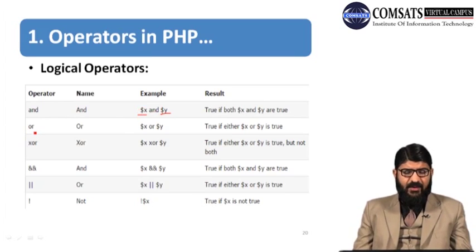When it is OR, it means true if either x is true or y is true. Then XOR means true if either x is true or y is true, but not both. Both should not be true, because both true is included in AND.